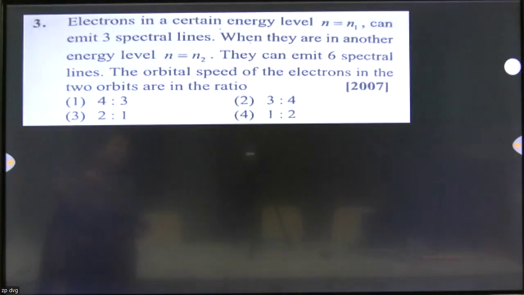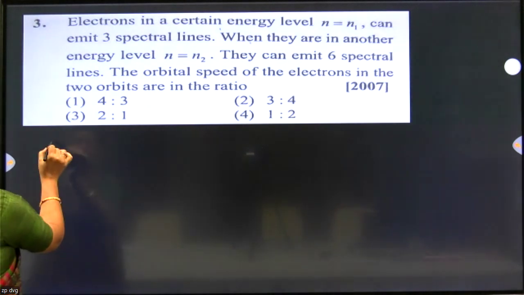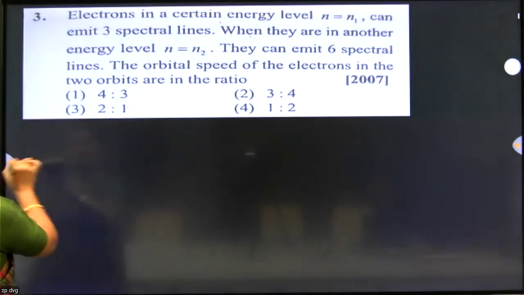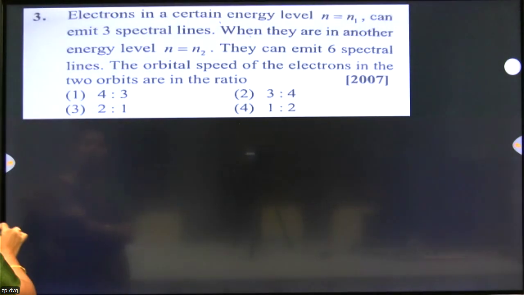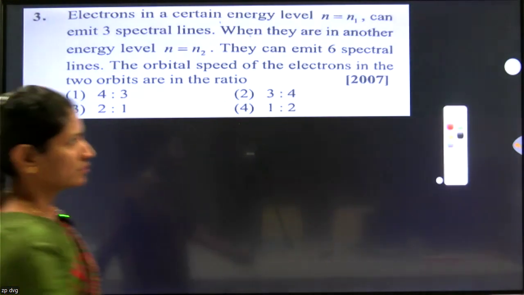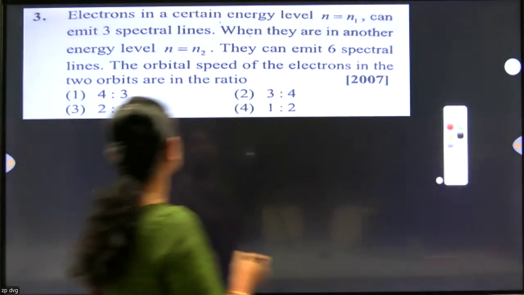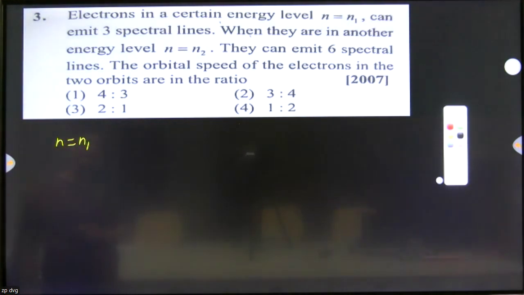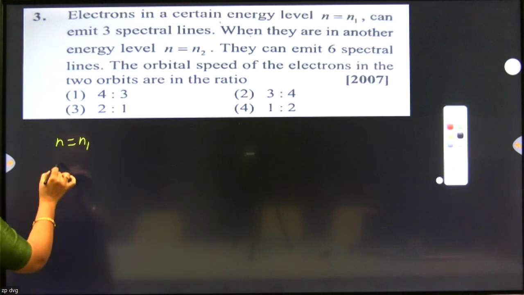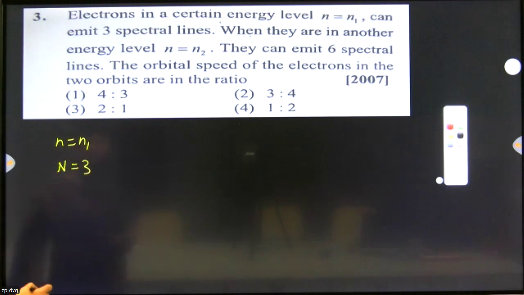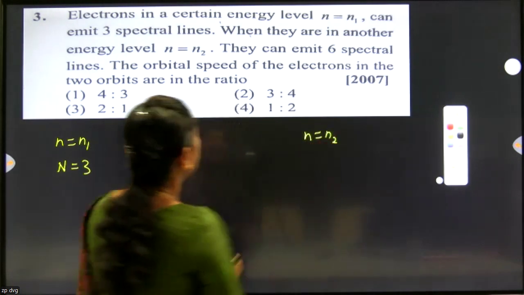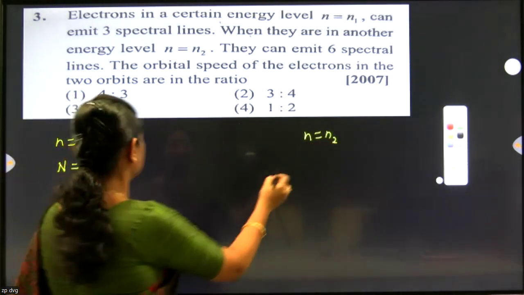Electrons in a certain energy level, n is equal to n1, can emit 3 spectral lines. When they are in another energy level, n is equal to n2, they can emit 6 spectral lines.